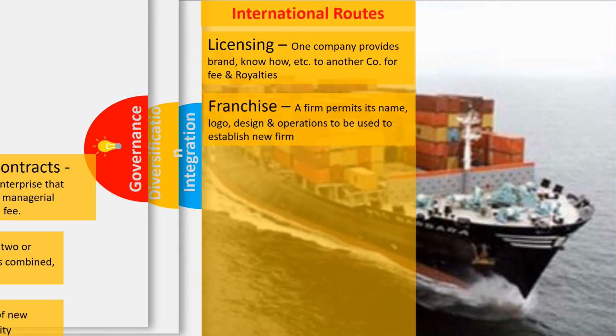In that respect, the franchisor has slightly more control and influence over how the business conducts itself, because it has to adhere to the rules and policies of the franchisor. So there's a slight difference there between the franchise and a license agreement.